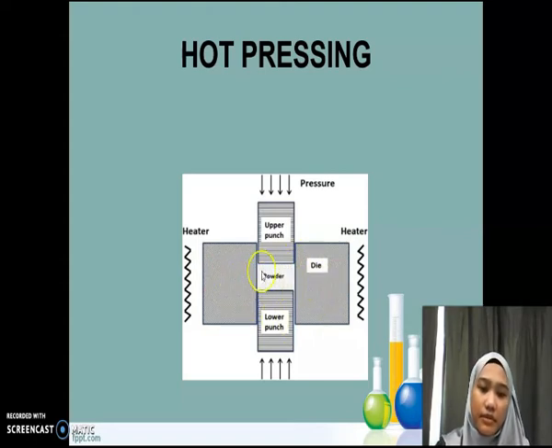The powder will turn into solid, and this is why the sintering process is also accomplished, because the heater will also sinter the solid inside this area.